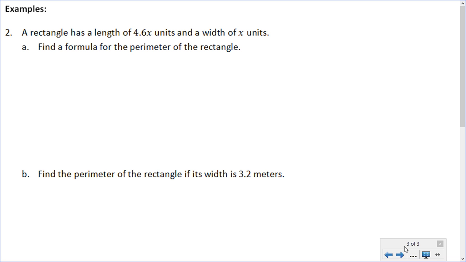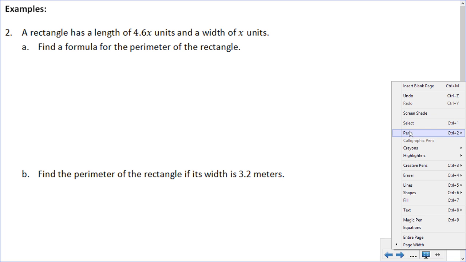Okay, so in the previous section, we wrote some expressions to represent the perimeter of figures. So we're going to continue that a little bit further in this section. So this says a rectangle has a length of 4.6x units and a width of x units. Find a formula for the perimeter of the rectangle.